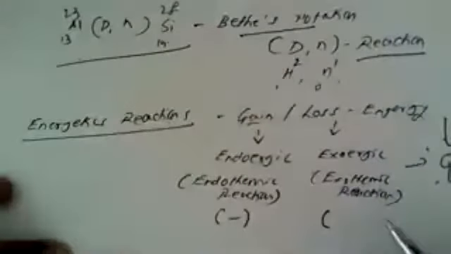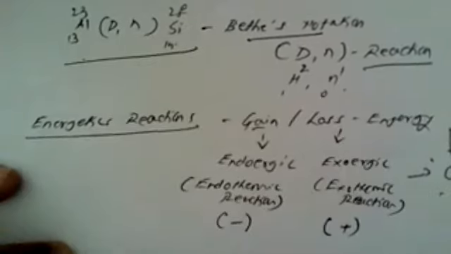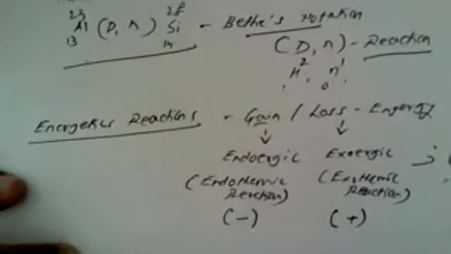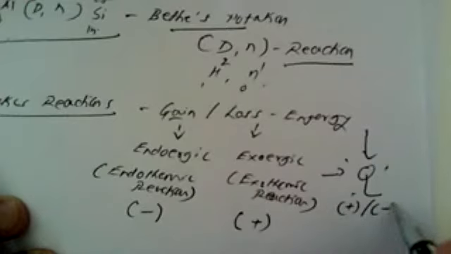If there is a loss of energy, or an exothermic reaction, we assign a positive sign for such a nuclear reaction. So in brief, the quantity Q may be either positive or negative.